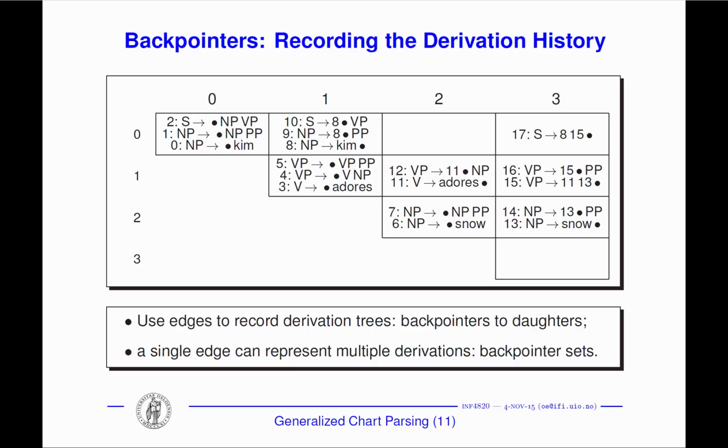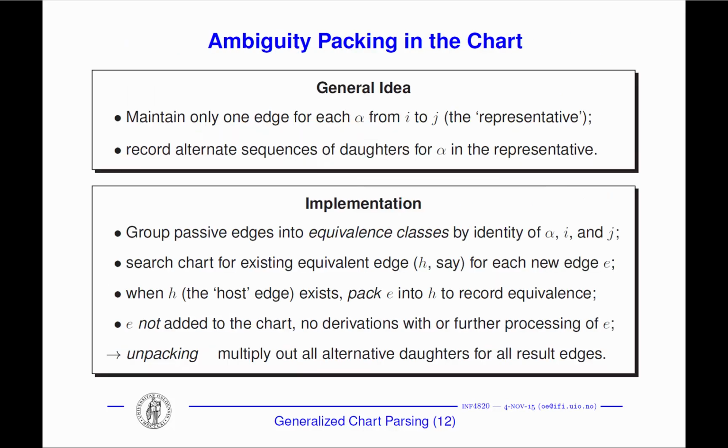And that means a single edge can correspond to more than one subtree. But to active edges, it will look just like one passive edge to consume. So this will actually give me the factoring of ambiguity.